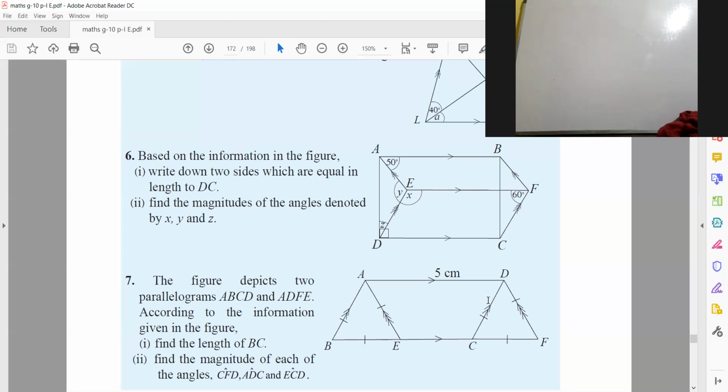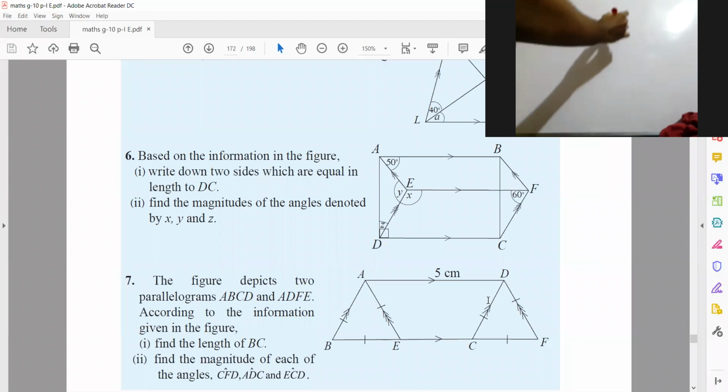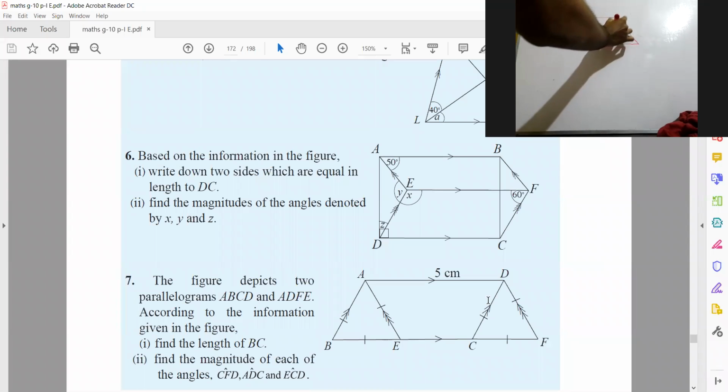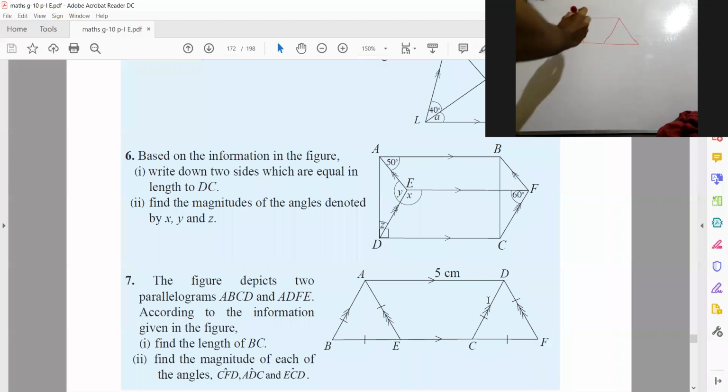Okay. Now the question says there's a diagram given like this.